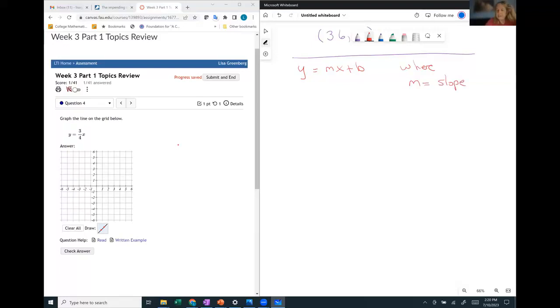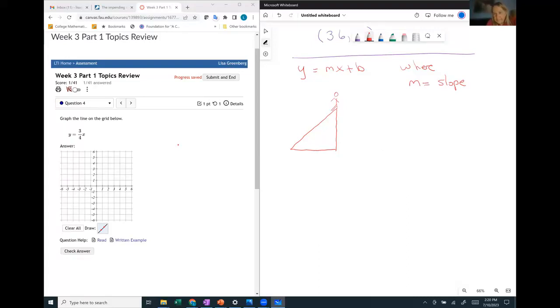Let's just talk about the slope for a minute. I usually use slope like a mountain, okay? So let's say we're going to go skiing down this mountain. Here we have a slope.